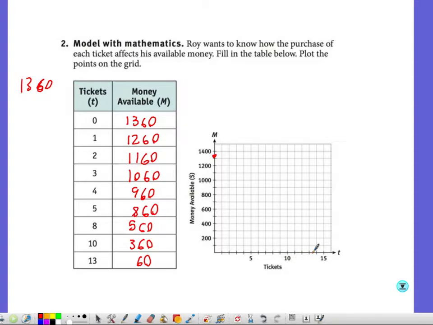He's going to have a little bit of money left over after 13 tickets, so that's why the x-intercept is not going to fall on a whole number, but it conveniently gives you where that mark is, where it crosses the x-axis. So your graph should look something like this.